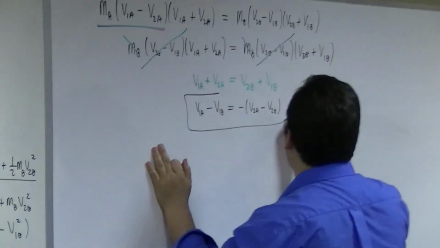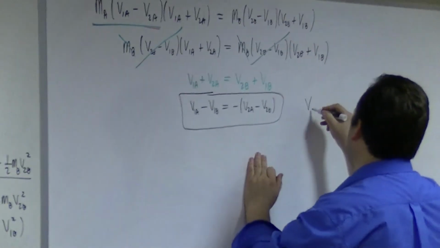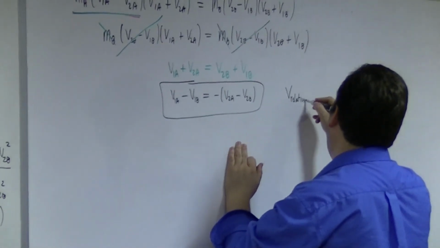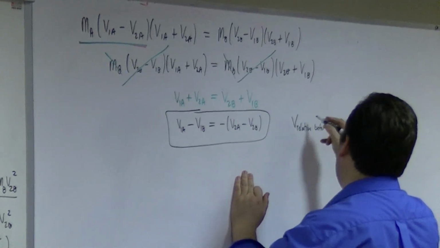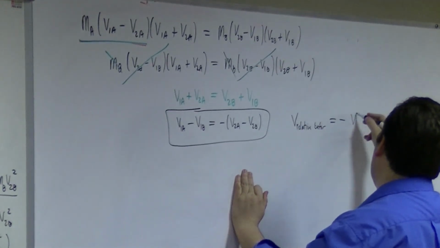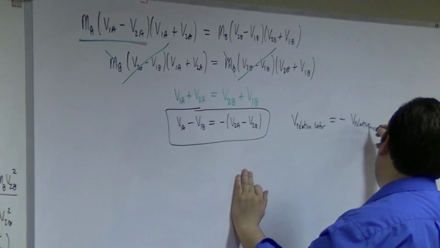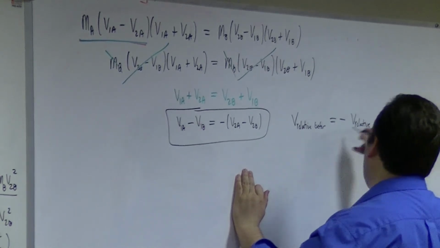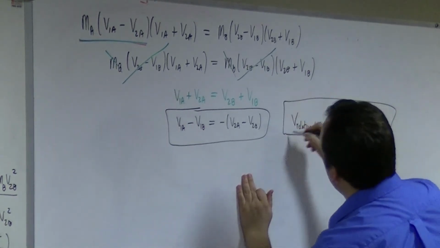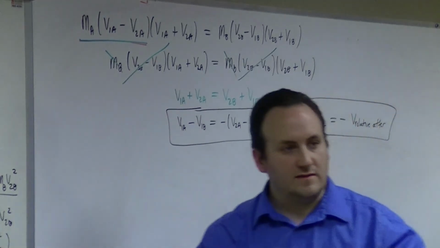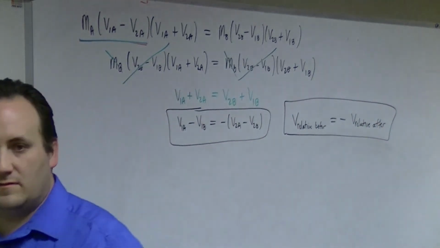And there you go. What that says is that the relative velocity before is equal to minus the relative velocity after. And that, in a nutshell, is the easiest way to characterize elasticity of a one-dimensional collision.